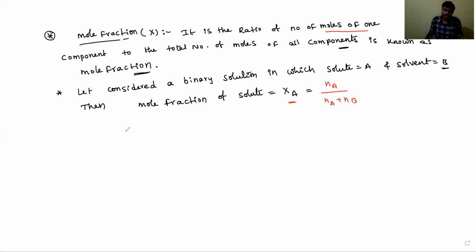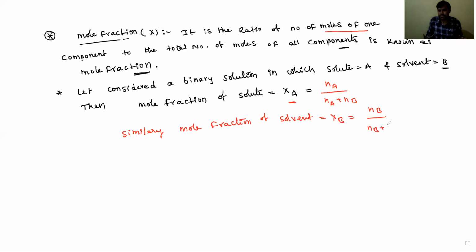Similarly, the mole fraction of solvent is XB, equal to the number of moles of B, NB, divided by the number of moles of B plus the number of moles of A. This is known as the mole fraction of B. Dear students, this is the mole fraction definition.